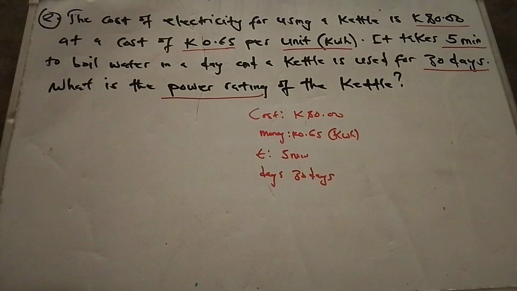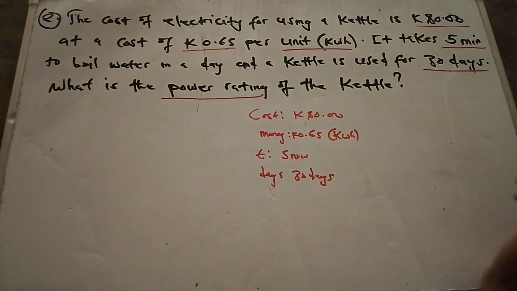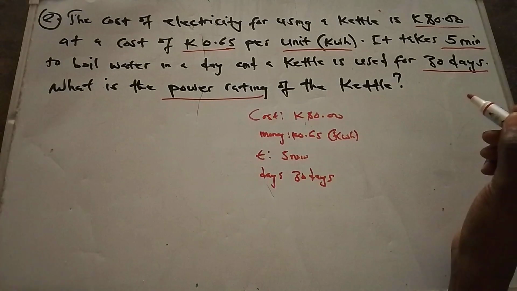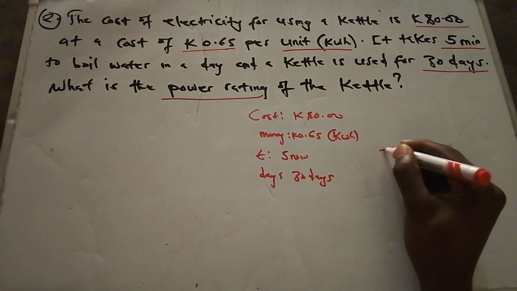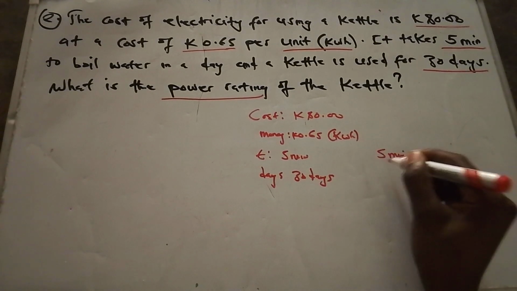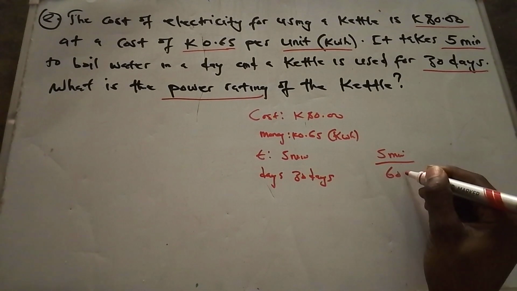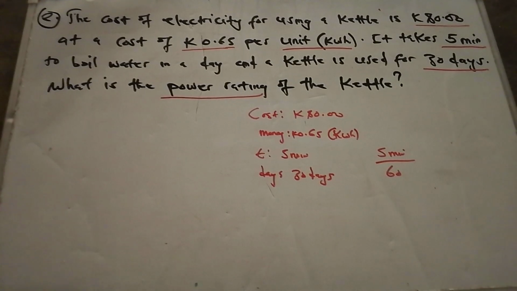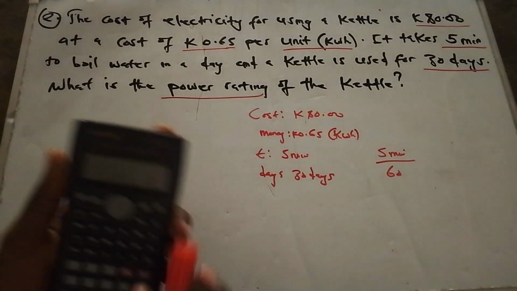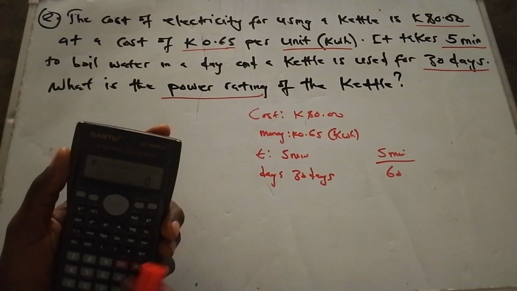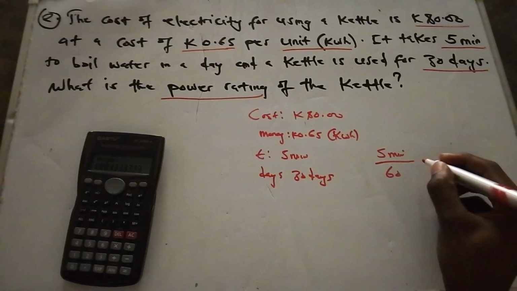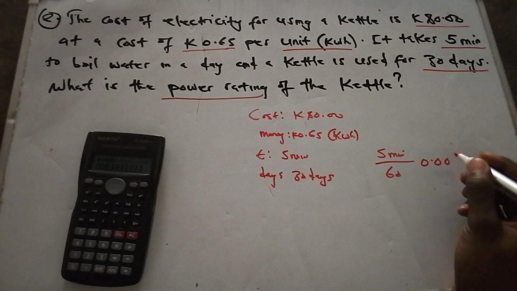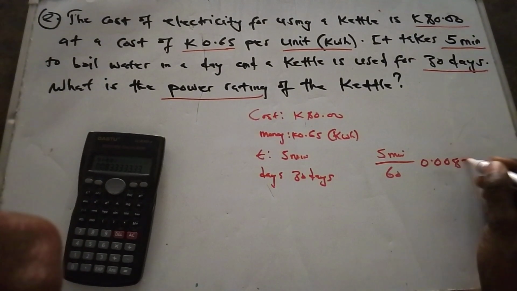Remember, in the previous video we said time should always be in hours. So we're going to change 5 minutes into hours. So how do we do it? We'll say 5 minutes over 60. If you divide 5 by 60, you're getting 0.00833.